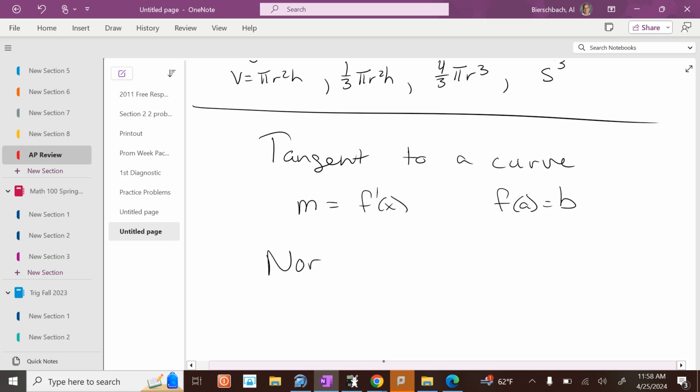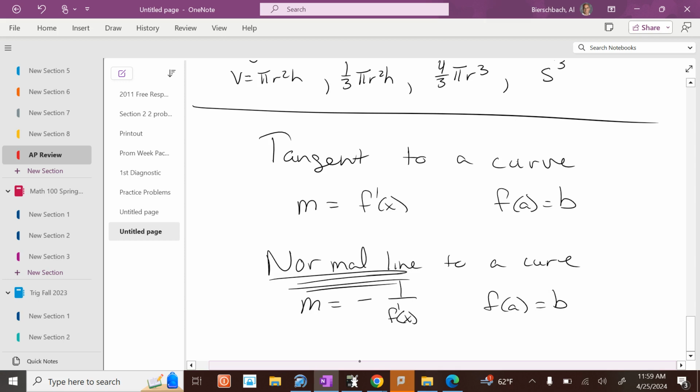If you're trying to find a normal line to a curve, the slope is the negative reciprocal of the first derivative. So it's a perpendicular to the slope, still at the same point. So if you see a normal line, you gotta think perpendicular. It's going to be perpendicular to a tangent.